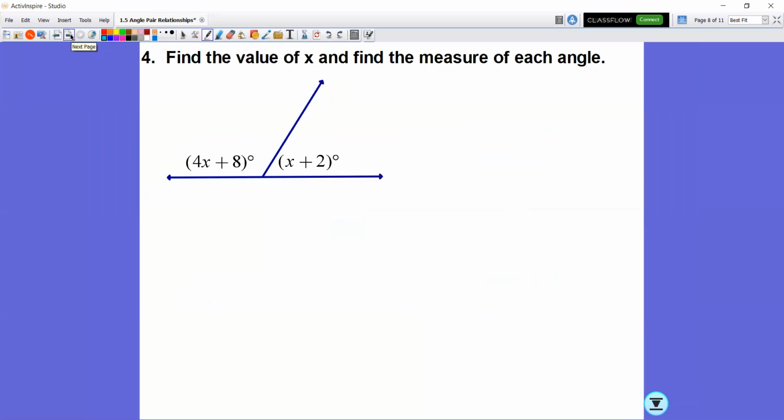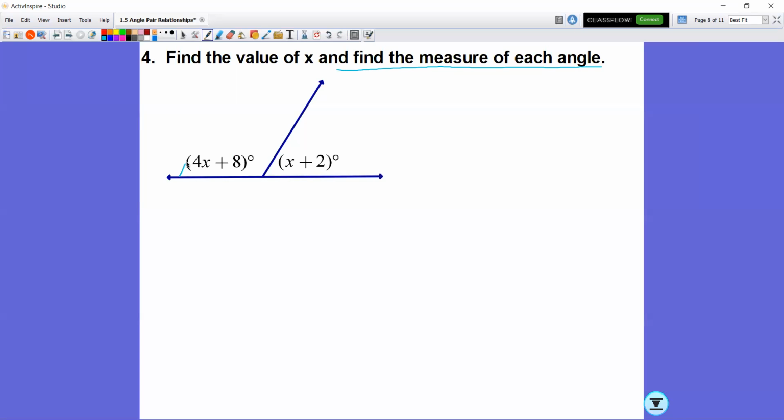All right, let's look here. Number 4, we're going to find the value of x and then find the measure of each angle. Remember, a lot of us celebrate early and we're like, woo, we found x, moving on. But we have to remember to plug it in, because it does say to find the measure of each angle. First off, looking at these two angles, what are they? They're adjacent.